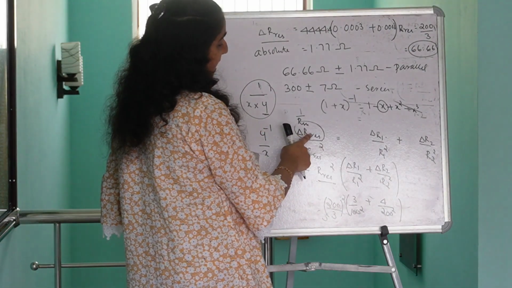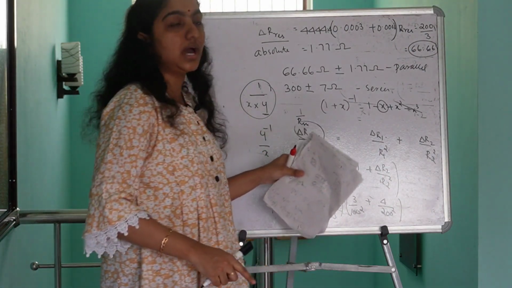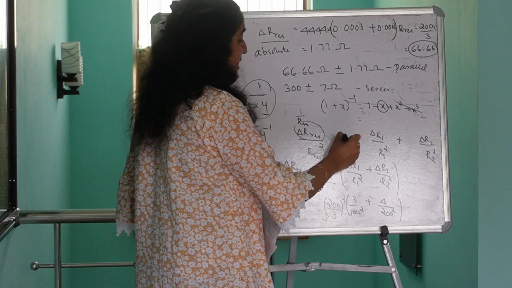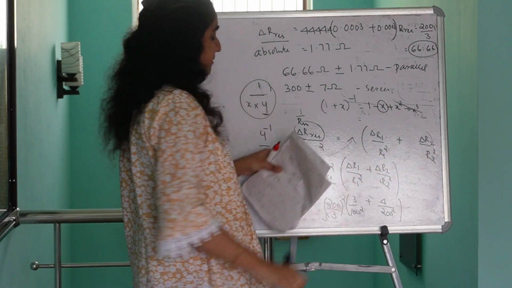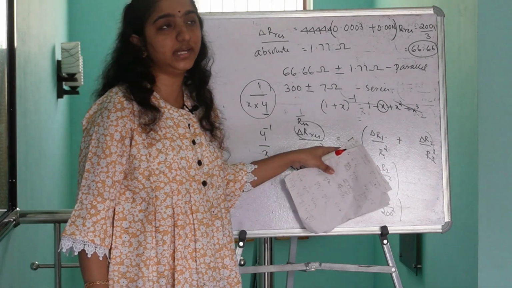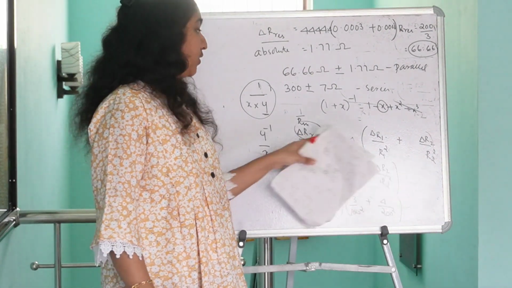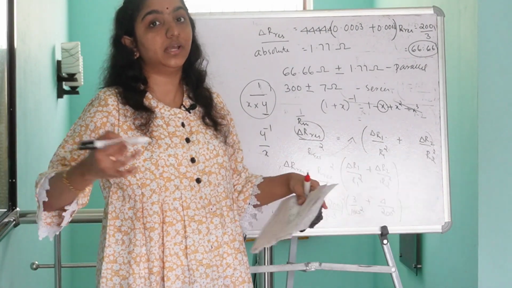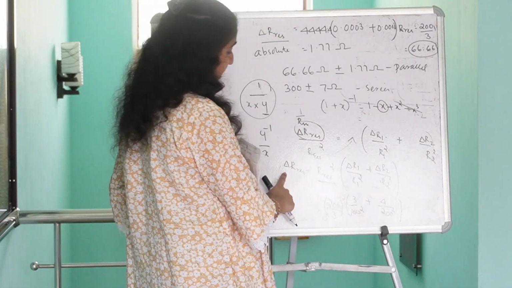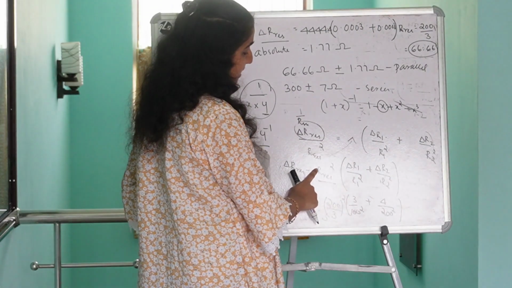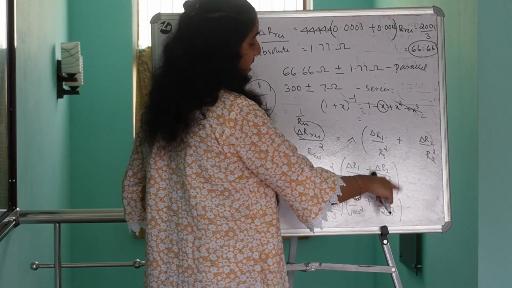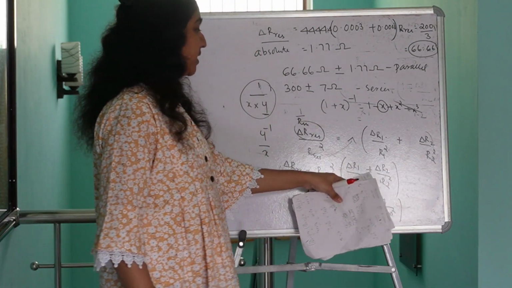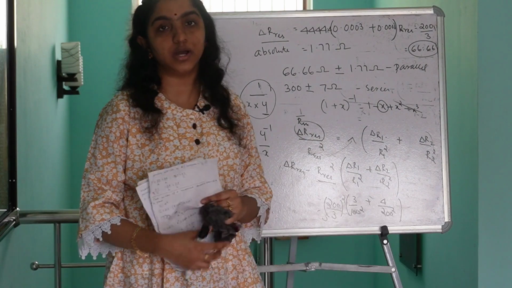Now for finding del R resultant, I brought this to the other side of the equation. If we are dividing a term on one side of the equal sign, when we bring it to the other side we have to multiply. So del R resultant is equal to R resultant square times, in brackets, del R1 by R1 square plus del R2 by R2 square.